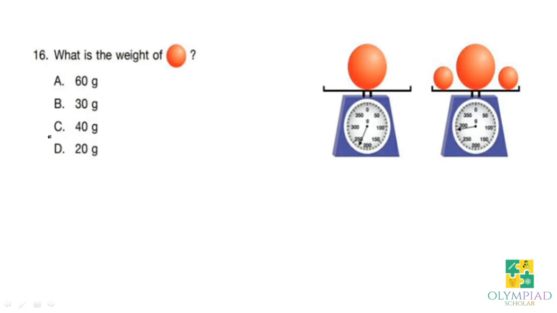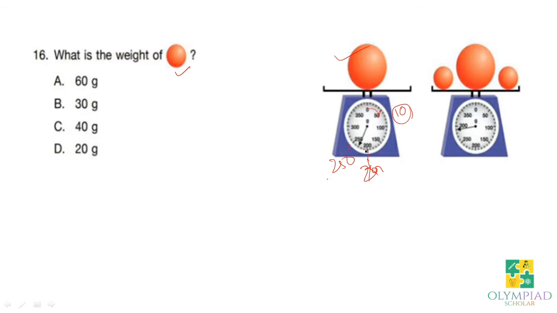Find the weight of the smaller ball. Here you can see the weight of the bigger ball is given, it is not directly written. You have to find it from this scale. The divisions are 0, 50, 100 like this. So this is 200 and this is 250. You can see there are 5 divisions in between, so each division is 10.